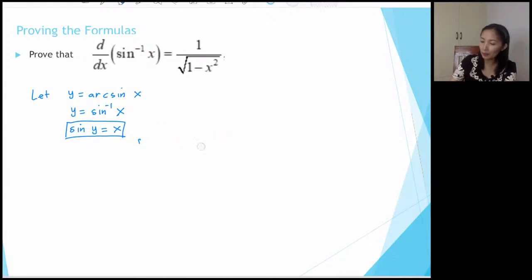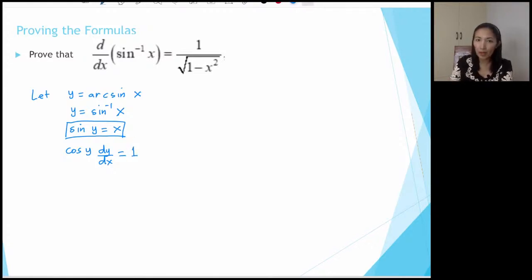Go back to our previous lesson. What is the derivative of sine y? The derivative of sine is cosine, so this is equal to cosine y, and since we are differentiating the variable y, from the chain rule and implicit differentiation, we also have the derivative of y with respect to x, which is equal to the derivative of x, which is equal to 1.